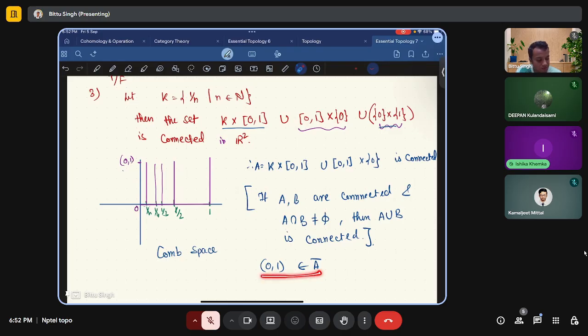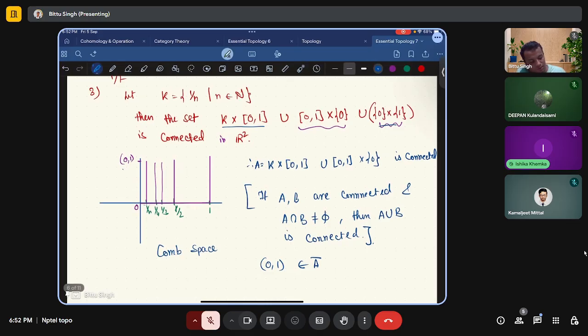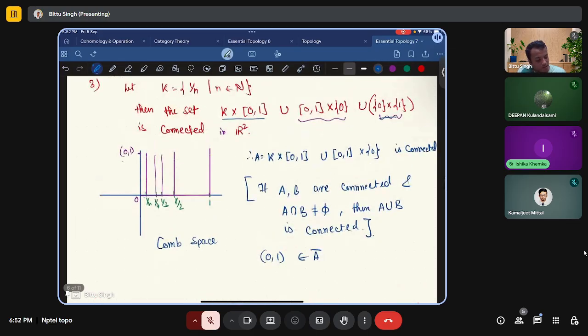Therefore (0, 1) belongs to the closure of A. From geometry it is clear, right? So this point belongs to the closure of A.